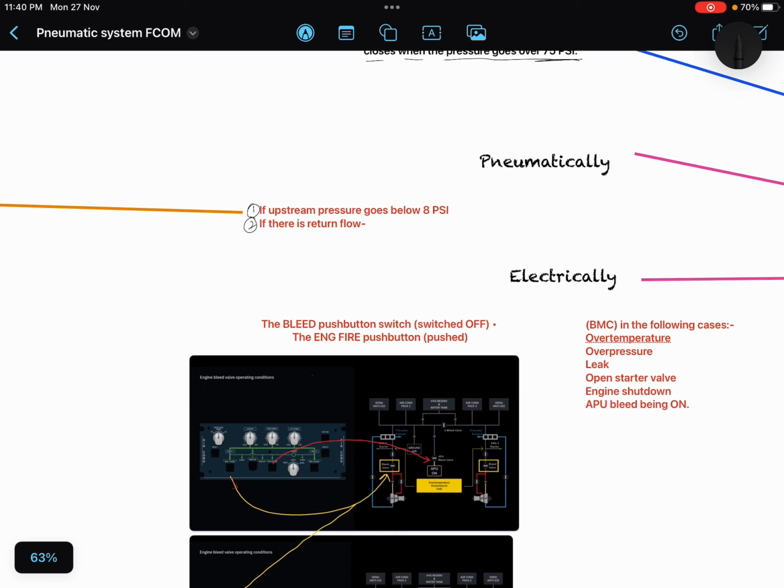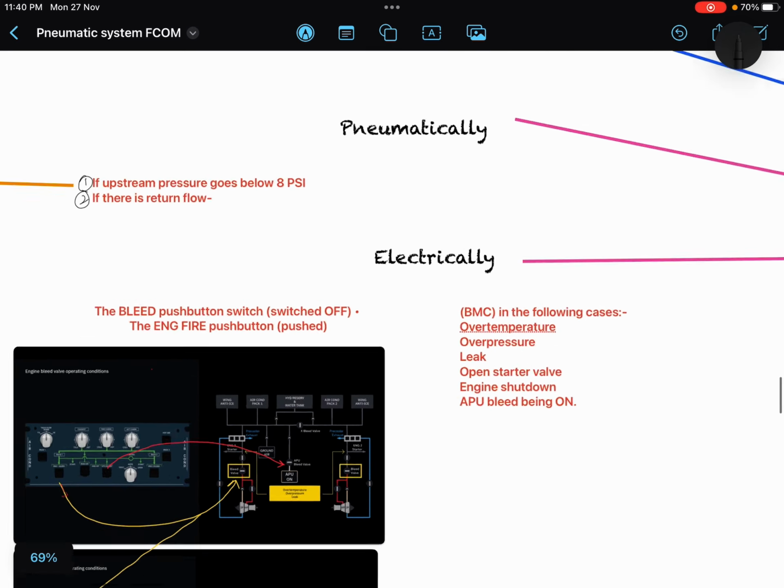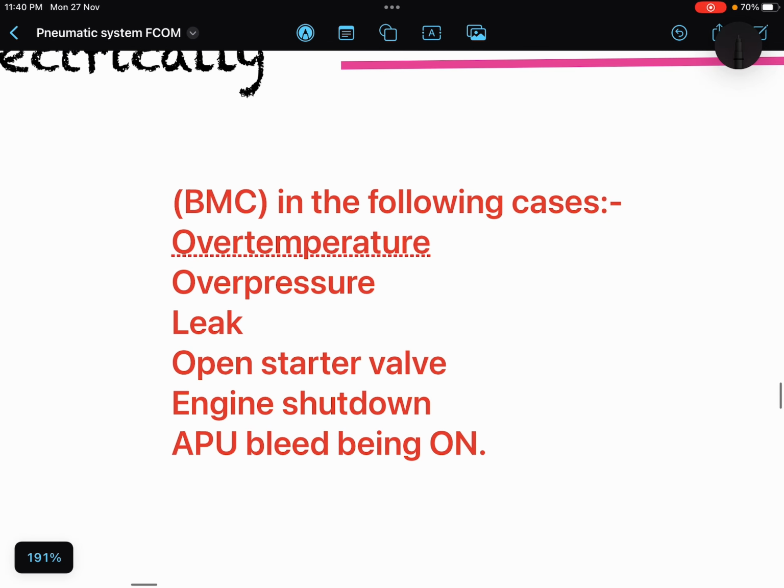Now guys, let me tell you, your bleed monitoring computer, BMC, will automatically close your bleed valve. In what conditions? I will tell you. If the APU is on and supplying the bleed air, tell me, does the APU have priority or do the engines have priority? Obviously the APU has priority.